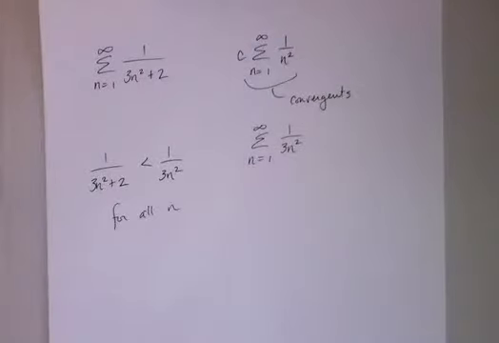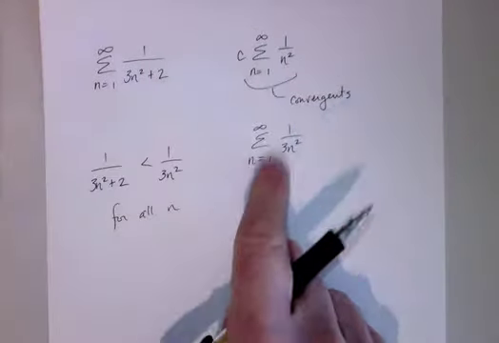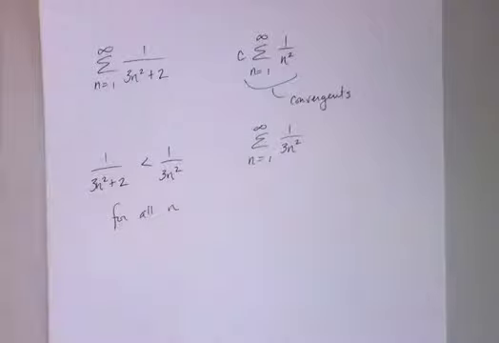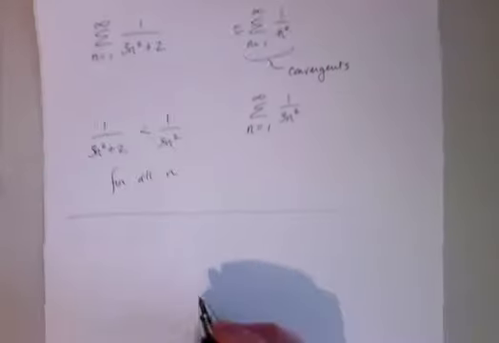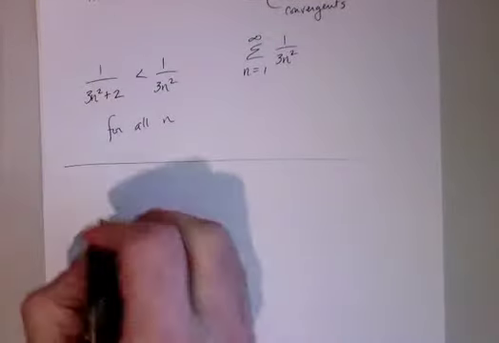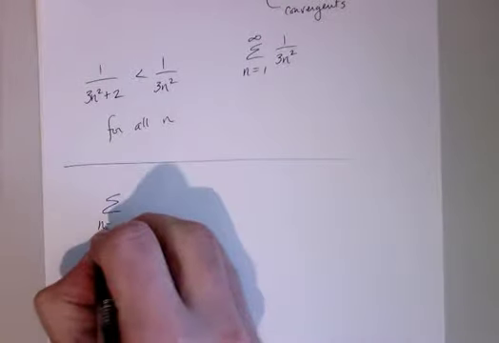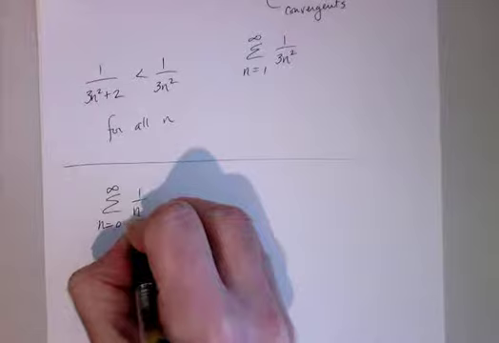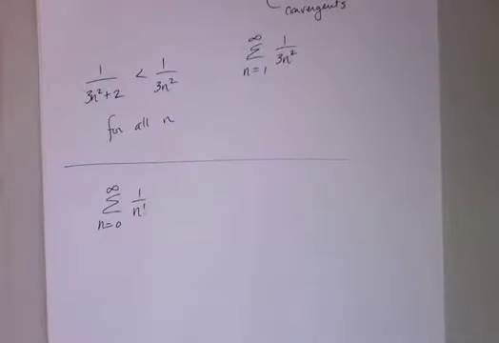And if that's the case, if this is smaller than a convergent series, then it is convergent by direct comparison. Okay? Well, let's go ahead and do another one. How about this: is that convergent or is that divergent?